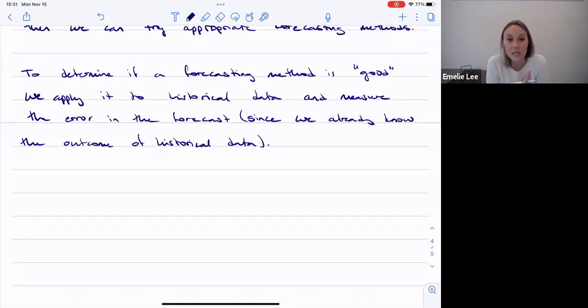That doesn't necessarily mean that it's going to perform well in the future, but that's our best measurement tool.